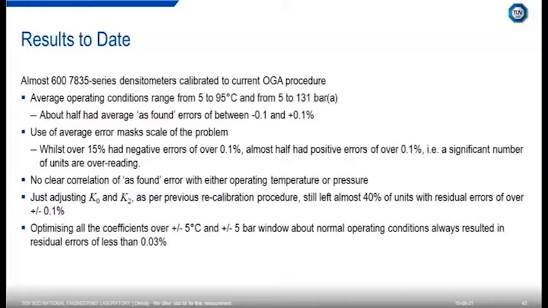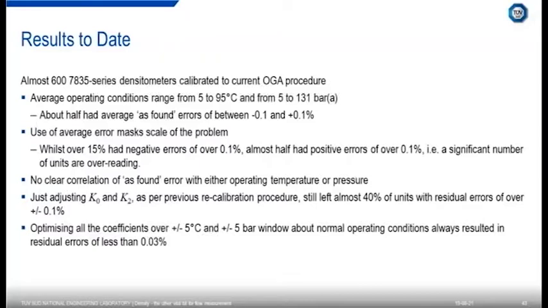And if you just try to adjust the base coefficients in the equation, as was done with the previous calibration method, that would still leave about 40% of the units with residual errors of over 0.1%, so you wouldn't have improved anything by the calibration.